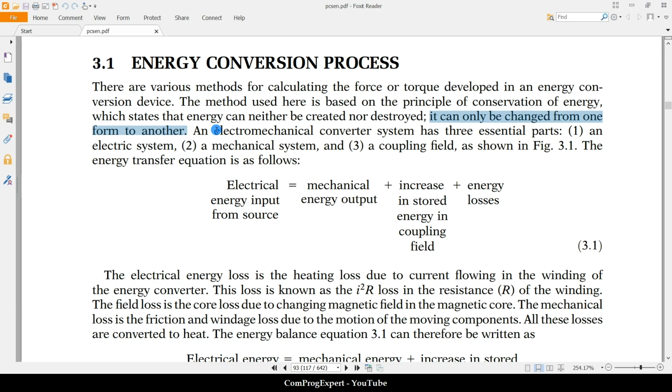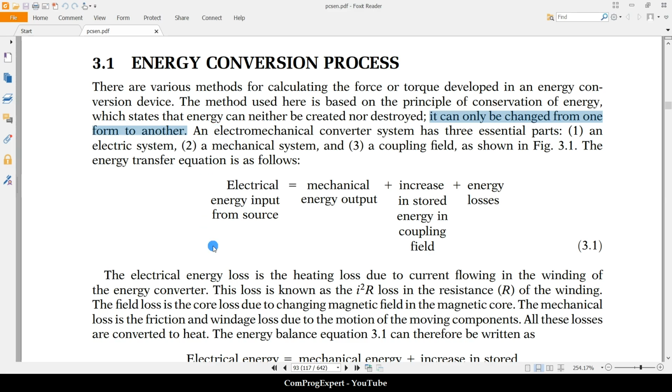The energy method is presented in this chapter of the reference. Energy method is a good method. You can calculate average values. Also, from a numerical point of view, the energy method is robust for calculation of force and torque, as we will see later in ANSYS Maxwell.